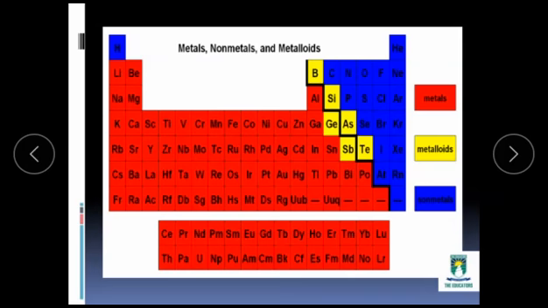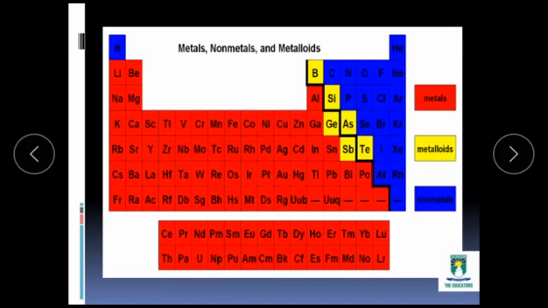The nonmetals exist as gases, liquids, and soft or hard solids. They occupy the upper right position in the periodic table. So the nonmetals are present in the upper right region.